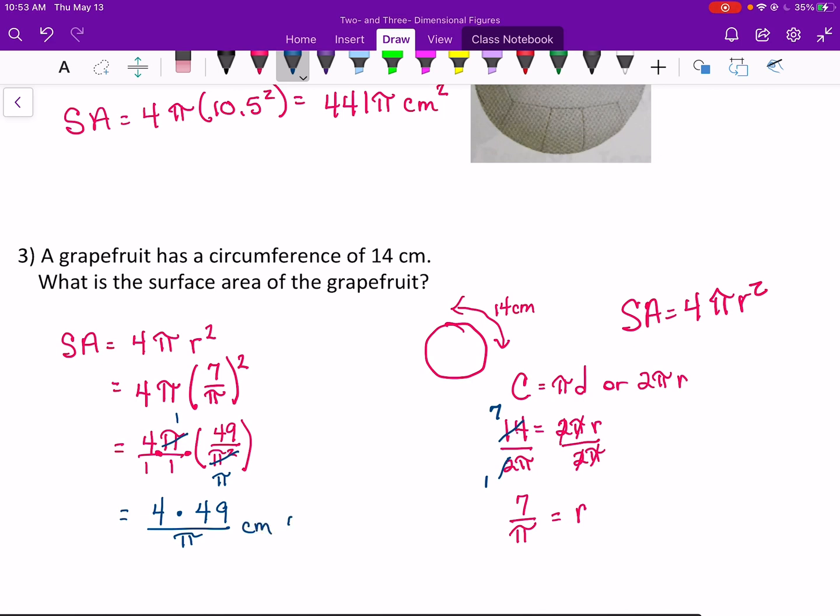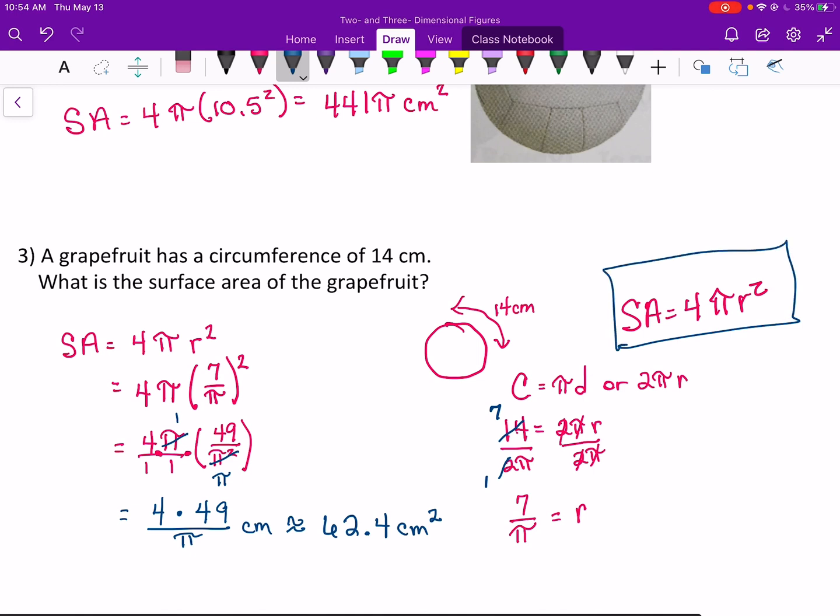And this time, I think we're going to get a decimal approximation because that looks really strange. So let's just type everything in. 4 times 49 divided by pi. Where's my pi button? There it is. I get approximately 62.4 centimeters squared because we're dealing with area.